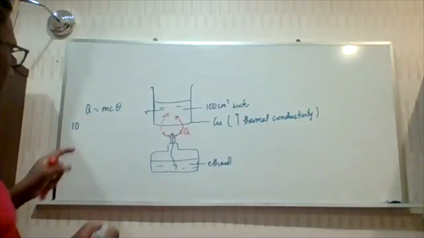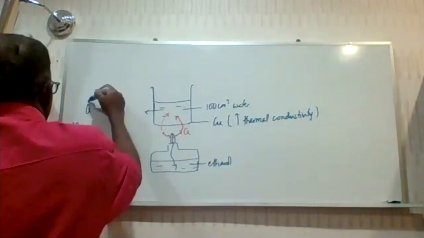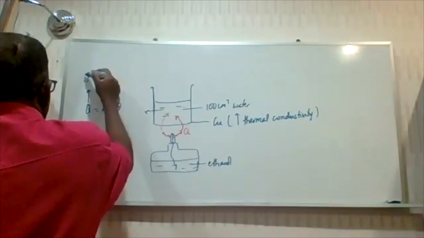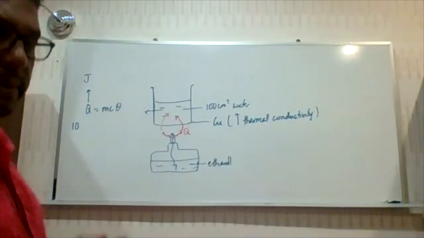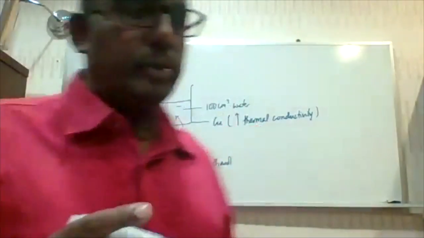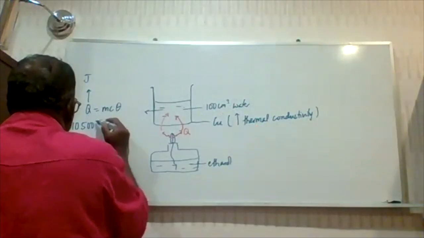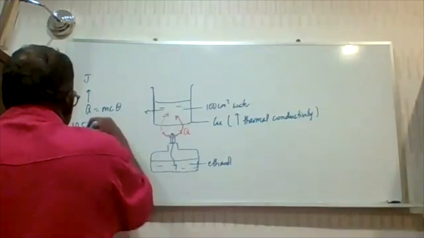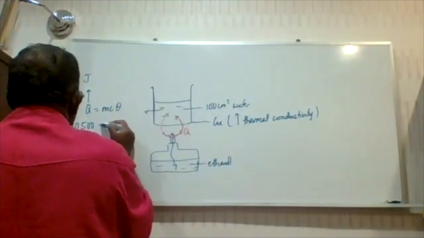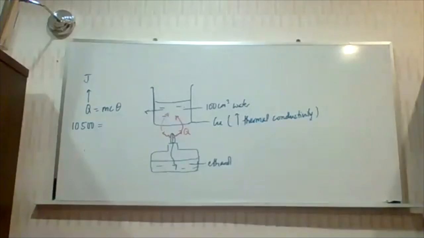Point number one, when you use this equation, you must remember all the units must be in joules. You are purposely given 10.5 kilojoules by the examiner to see whether you convert it to joules. So 10.5 kilojoules must become 10,500 joules.